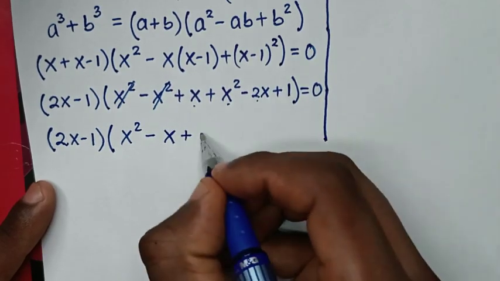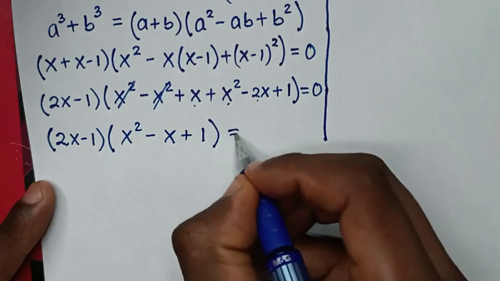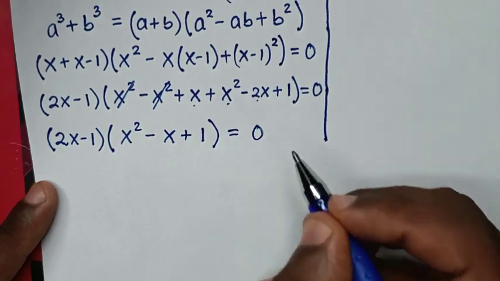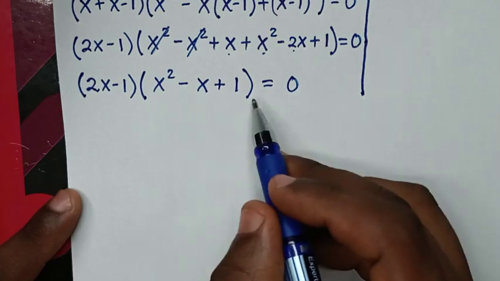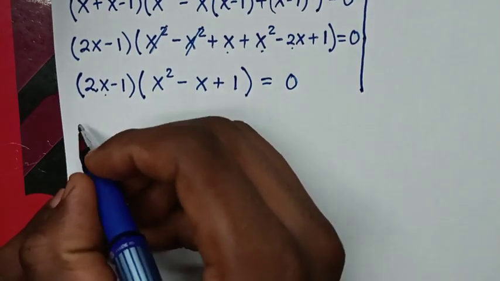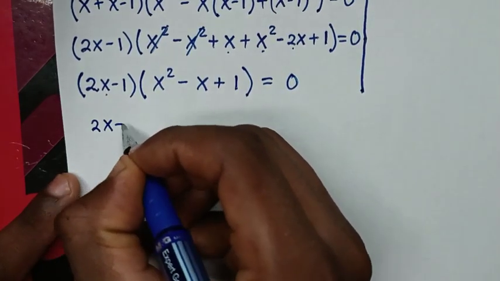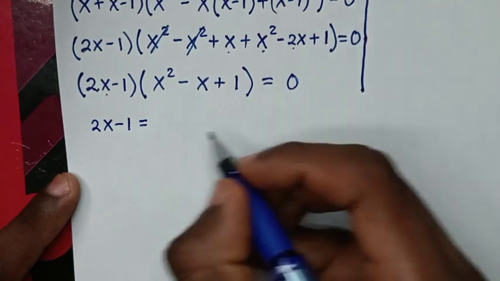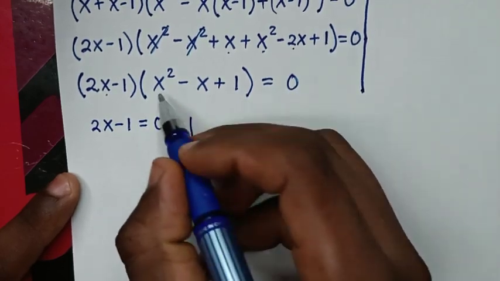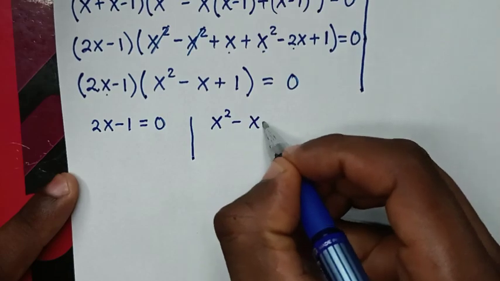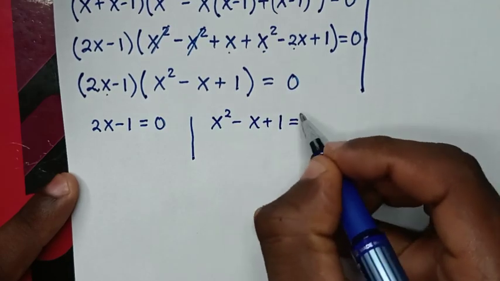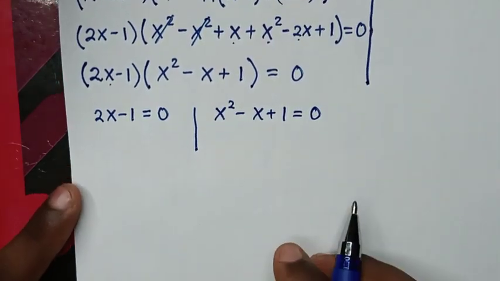Then plus this 1, is equal to 0. Then from here we have two solutions. This is the first solution, which is 2x - 1 = 0, and this is the second solution, which is x^2 - x + 1 = 0.